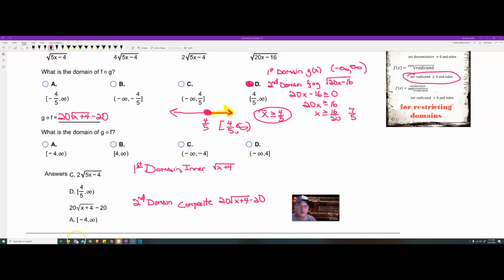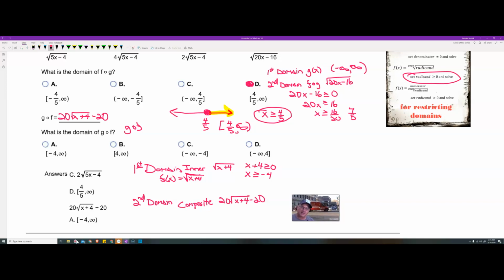My inner function on this, because it was g of f, was function f, which was the square root of x plus 4. I know that that has to be greater than or equal to 0. So when I solve that, I get x greater than or equal to -4.